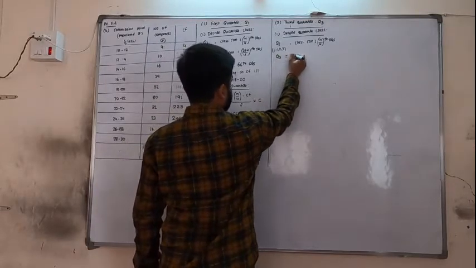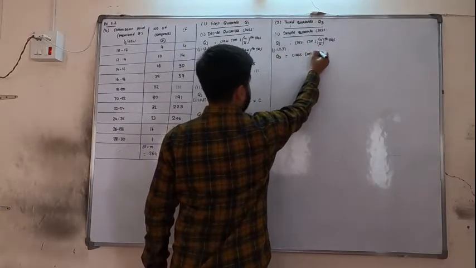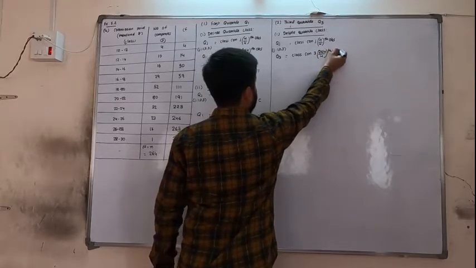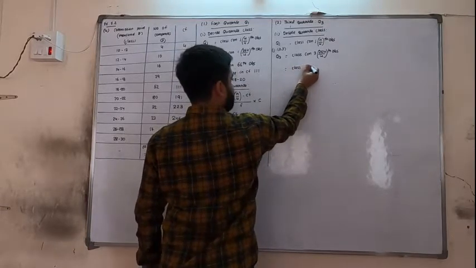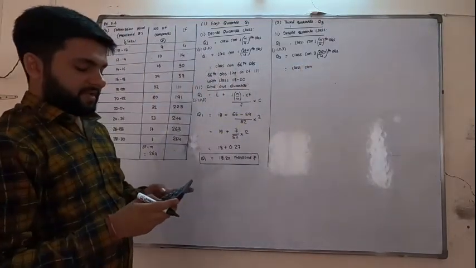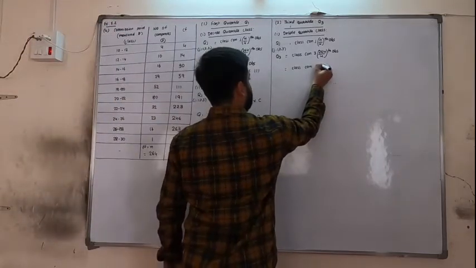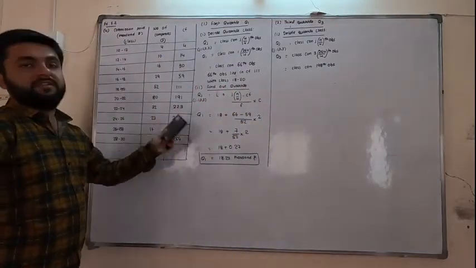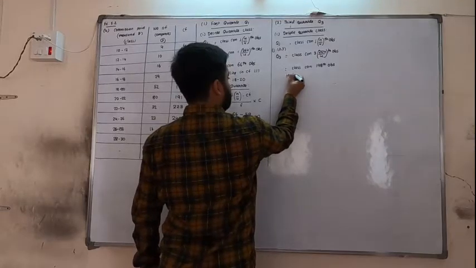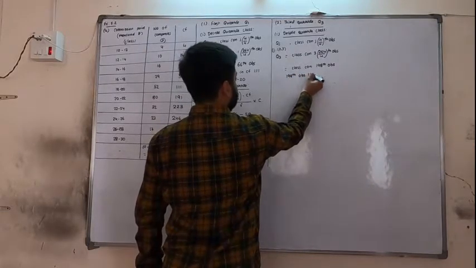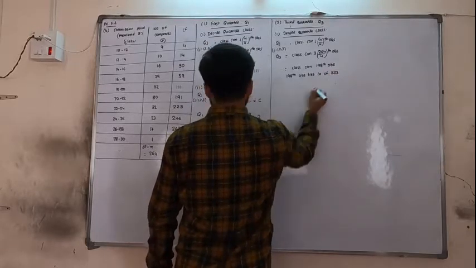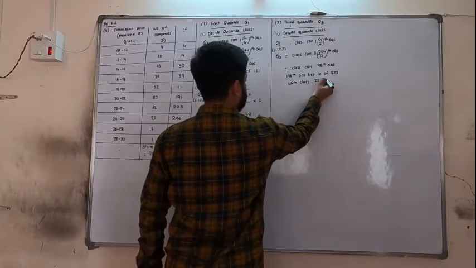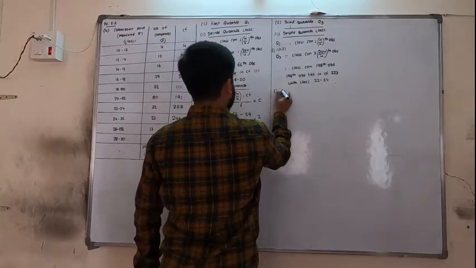We need Q3, so the class containing 264 divided by 4 into 3, the 198th observation. The 198th observation lies in CF 223, with class 22 to 24.